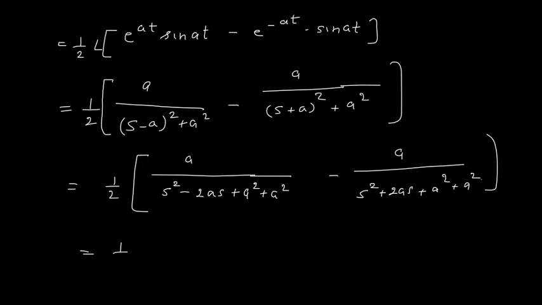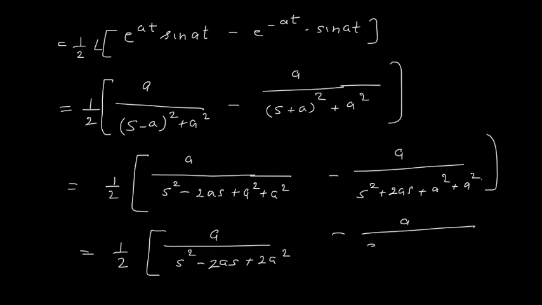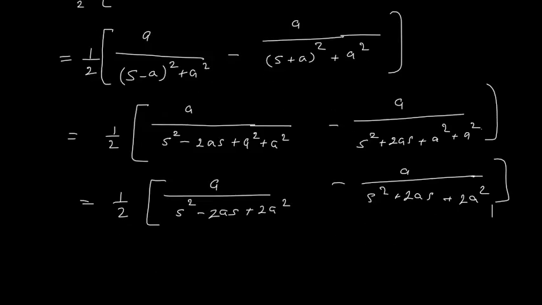So this becomes 1 upon 2, inside we have a upon s square minus 2as plus 2a square, and here I have a upon s square plus 2as plus 2a square. Now I will cross multiply.